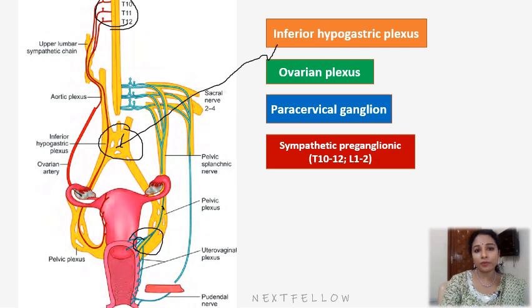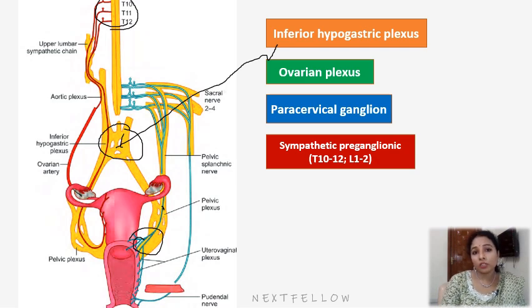These fibers produce the uterine contraction in non-pregnant uterus, and vasoconstriction. The uterine contraction in pregnant uterus is under oxytocin hormone. So it is not due to nerves, it is mainly because of oxytocin.